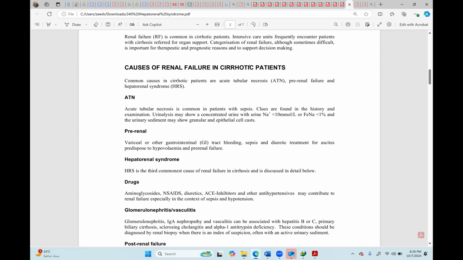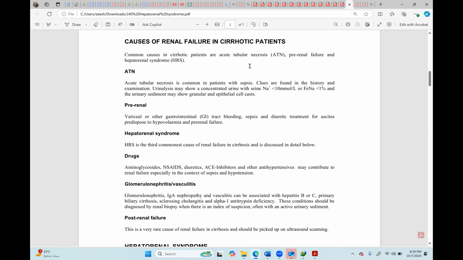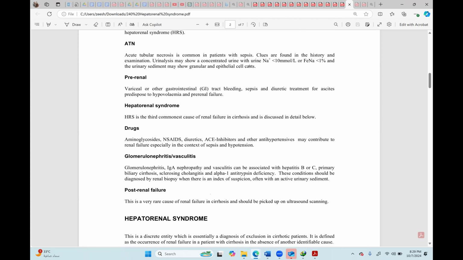That is the difference between acute and chronic renal failure. Pre-renal causes are variceal or gastrointestinal bleeding, sepsis, and diuretic treatment for ascites predisposing to hypovolemia. The third commonest cause of renal failure in cirrhotics is discussed below in detail.